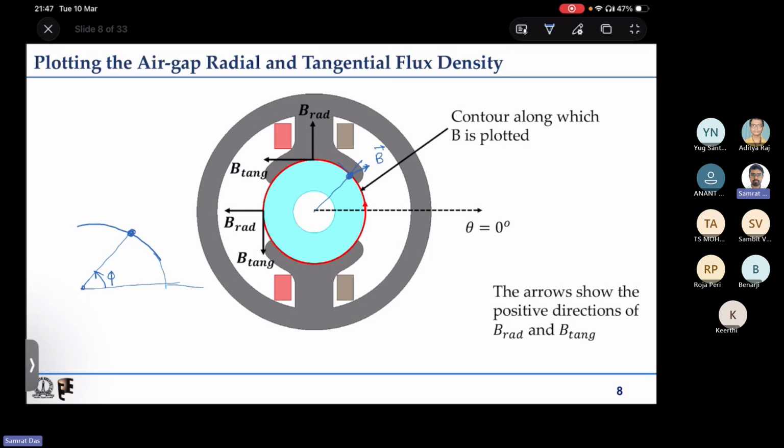At this point, if we know the direction of B, say the direction of B is like this, this is the B vector. Now we will have to take the components of this B vector along this first line, which is a radial line. So this is the radial direction, and on this line, if we draw a tangent, then that is the tangential direction.